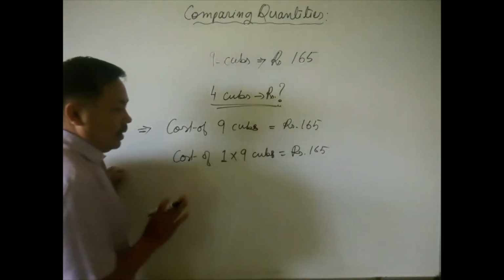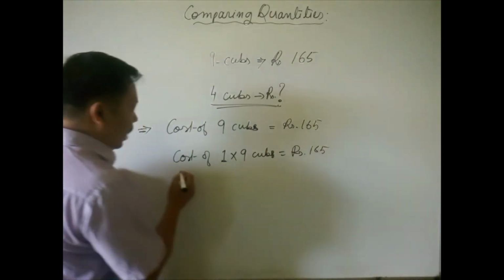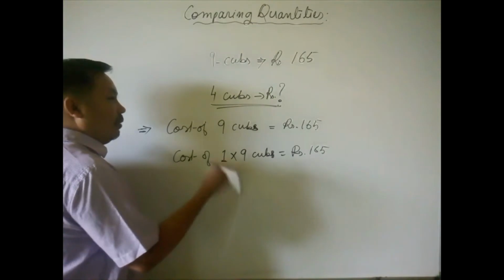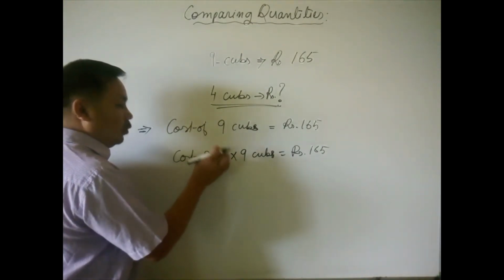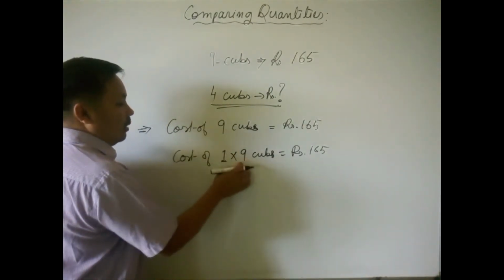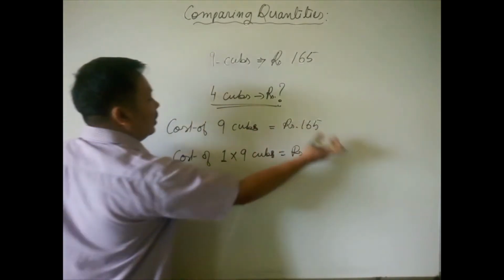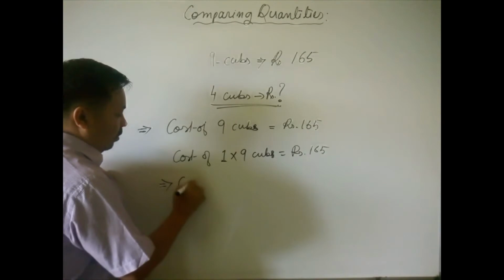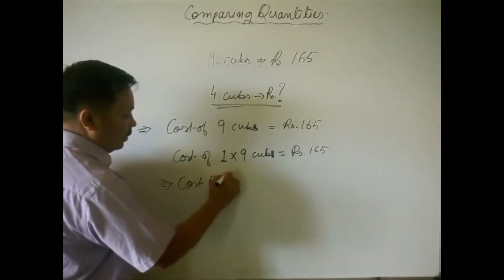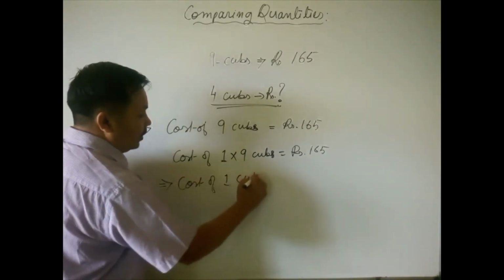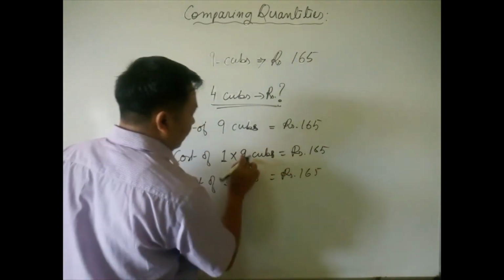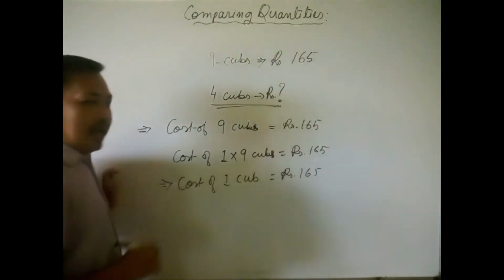So here, how can you find out the price of 1 cup? We are going to find out the price of 1 cup, not 9 cups, isn't it? Then this 9 will go to the other side. Rupees 165, and now this 9 will come here, multiply will become divide.